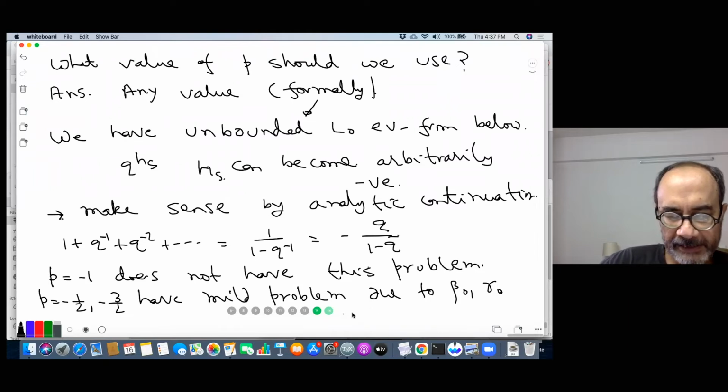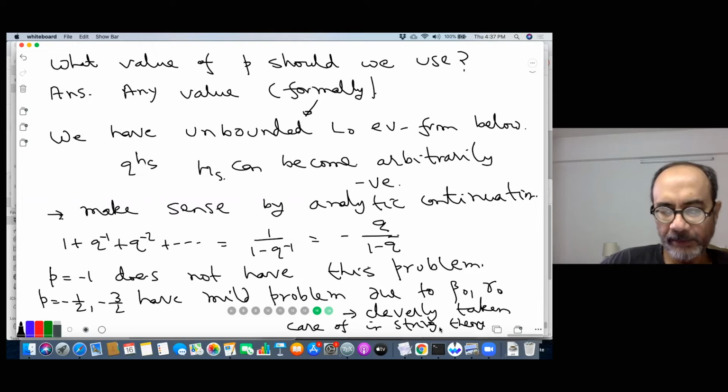But this is cleverly taken care of in string theory, and we'll see how this is done.